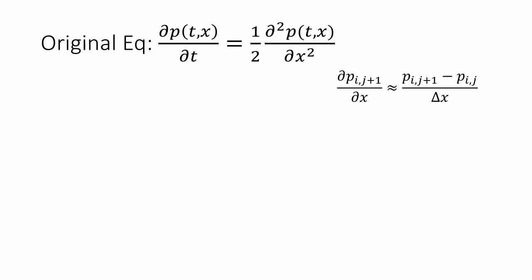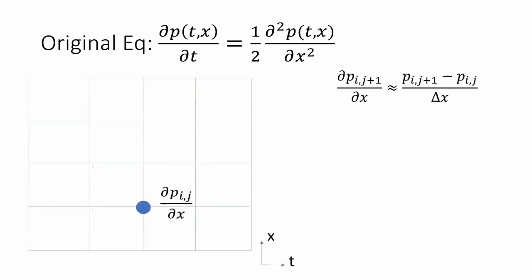And you notice that the 1 is added to j, representing movement in the x direction this time. Going back to our picture, essentially what we've done is we've solved for partial p over partial x at that point right there. If we take the backwards difference to solve for partial p, partial x, for the previous point in the x direction, we'd have the point that I just showed on the screen there.